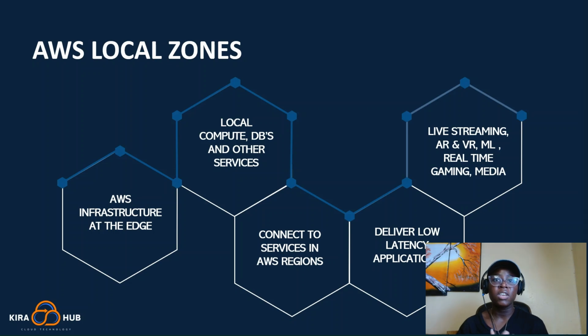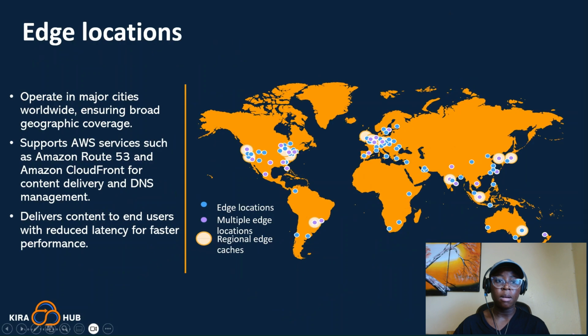So customers can innovate faster and solve complex, compute intensive, latency sensitive problems by using applications hosted in AWS Local Zones. Before I get into the demo, let me talk about something else, which is edge locations. Edge locations operate in major cities worldwide, and we saw from the console AWS mentioning over 600 points of presence.